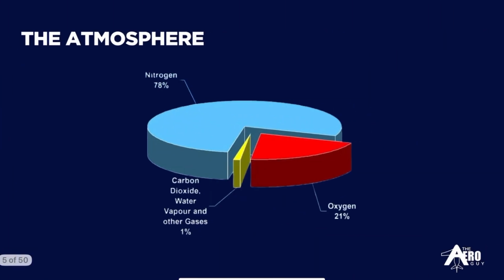The atmosphere is made up of gases, mainly nitrogen, which takes up 78% of its composition, oxygen 21%, carbon dioxide, water vapor, and other trace gases at 1%.